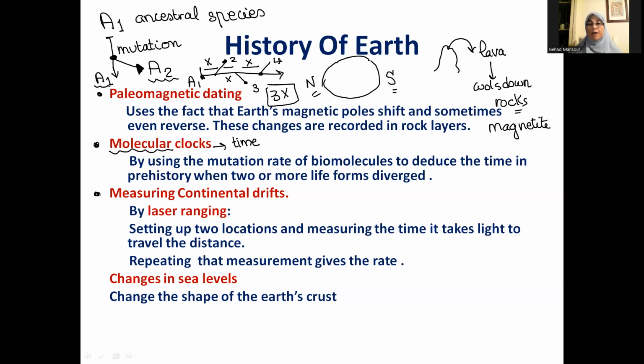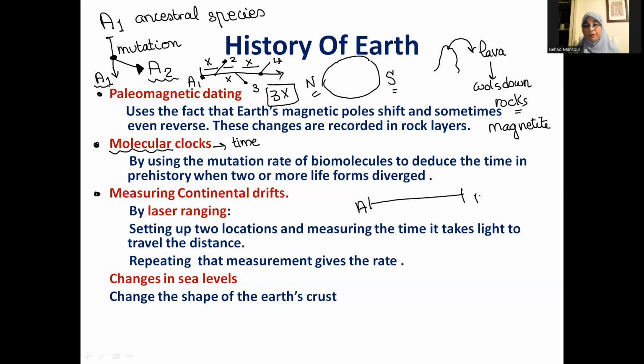One of the important aspects of measurement of the history of Earth is measurement of continental drifts. Of course, we will be talking about continental drifts in detail, but here we are going to talk about how to use laser rays, for example, in order to determine the distance between 2 points.